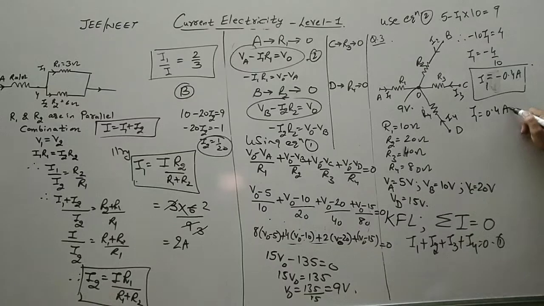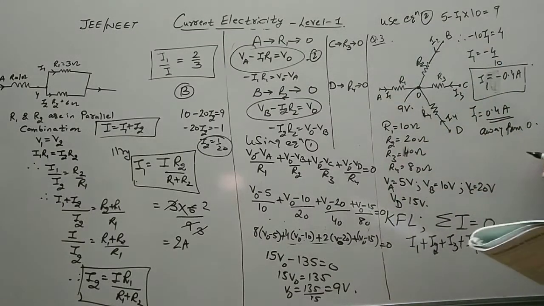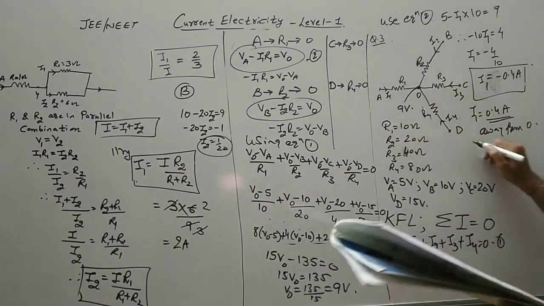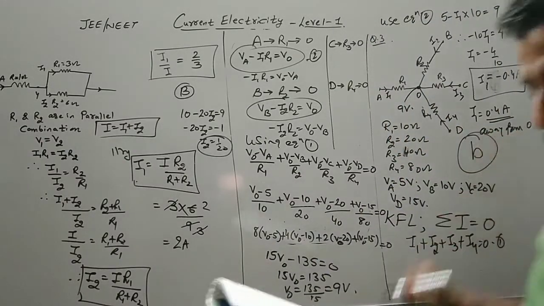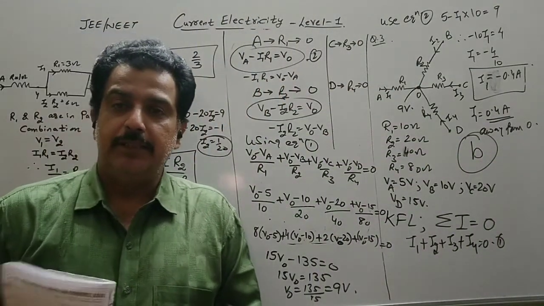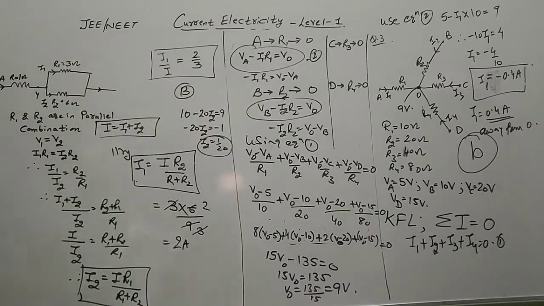So the correct answer should be 0.4 ampere away from the junction O, which means the current should flow in the opposite direction. So the option given here is again option B. So this is how we determine the direction of the currents.